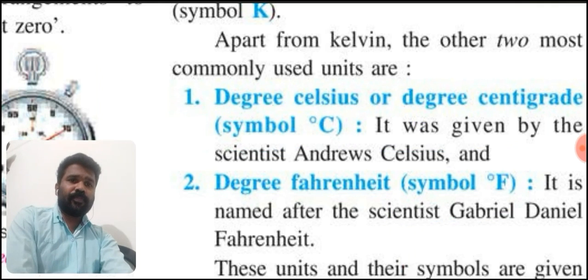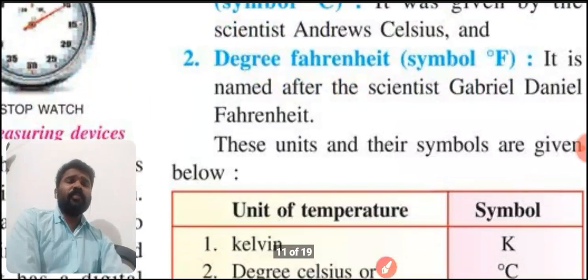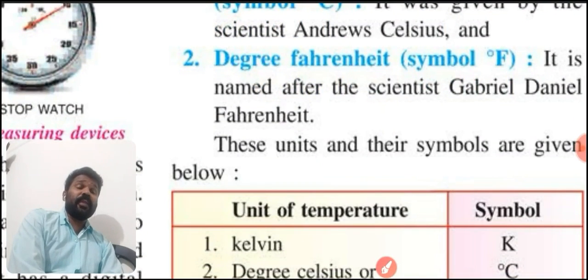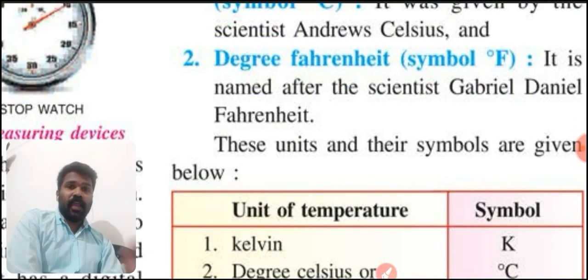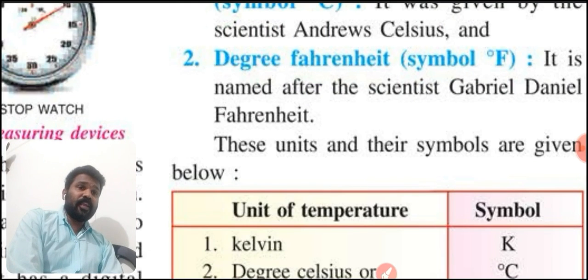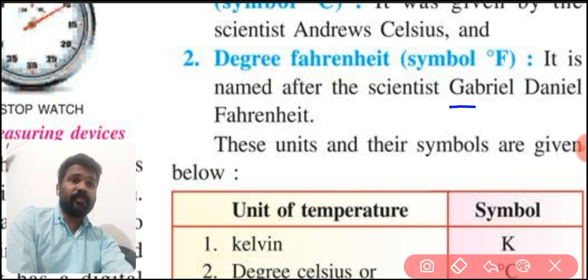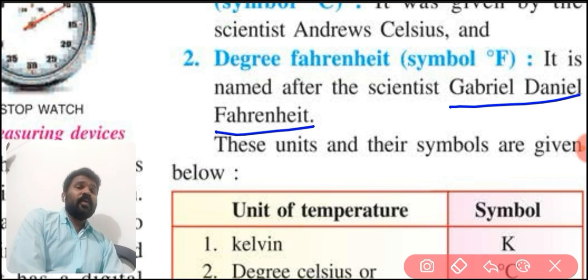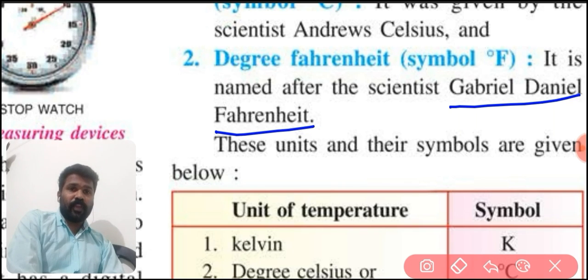Okay students, it is named after a scientist. The degree Fahrenheit is named after the scientist Gabriel Daniel Fahrenheit. In loving memory of Gabriel Daniel Fahrenheit, we use the unit Fahrenheit.